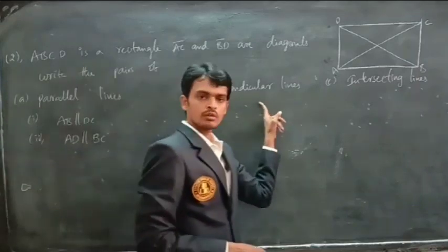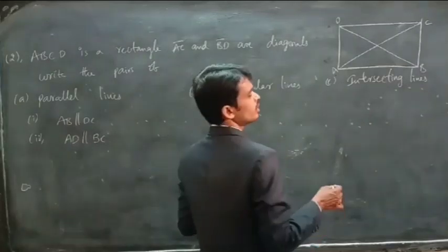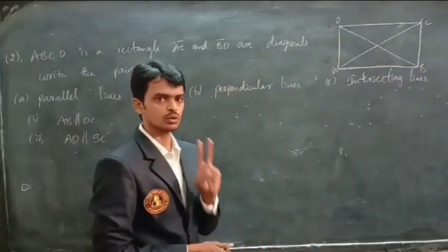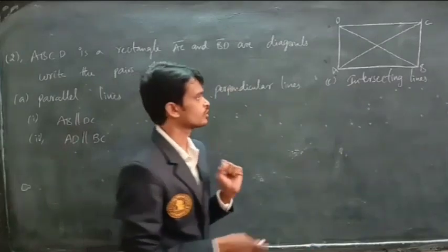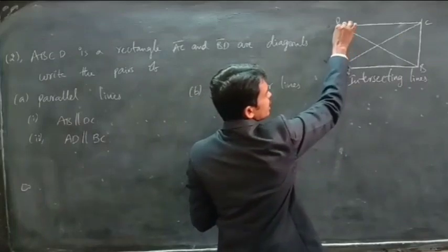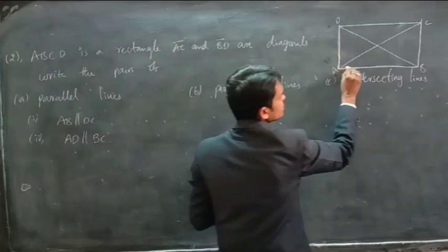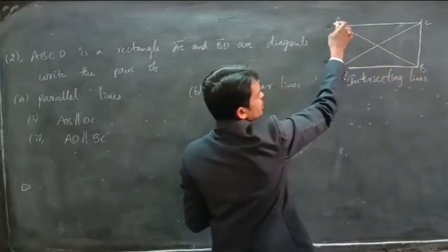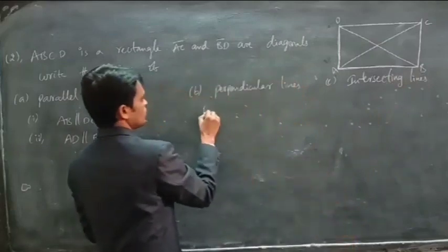Next, perpendicular lines. Perpendicular lines are two lines that intersect only at right angles. Look at the adjacent sides of the rectangle.